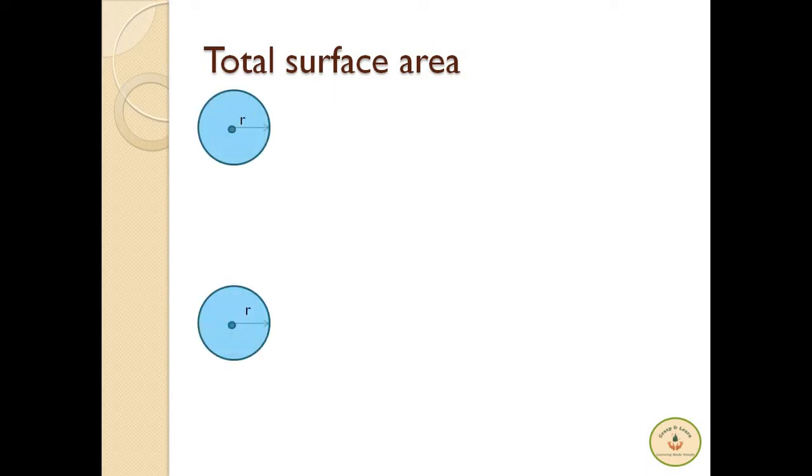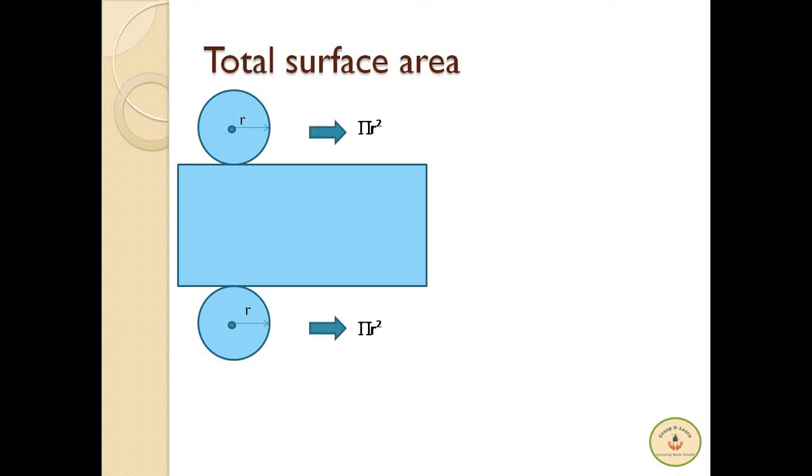First, calculating the total surface area of the cylinder. As we saw earlier, the cylinder consists of two circular bases, one at the top and one at the bottom, and a curved surface area formed using a rectangle. So the total surface area of the cylinder is nothing but the addition of the areas of all these three surfaces. We know area of a circle is equal to pi r square. So for the top and the bottom circular bases, we get pi r square plus pi r square. And for the rectangle, we know that area is equal to length into breadth.